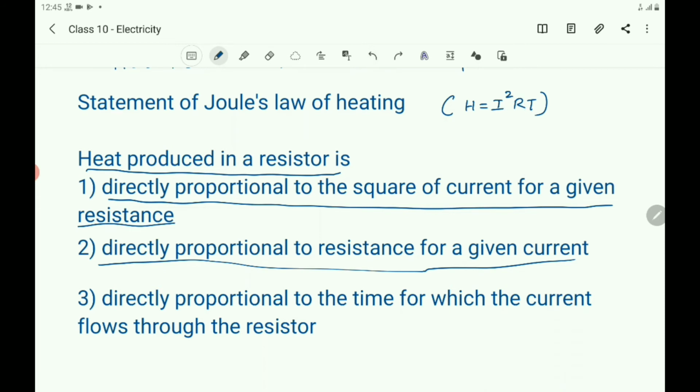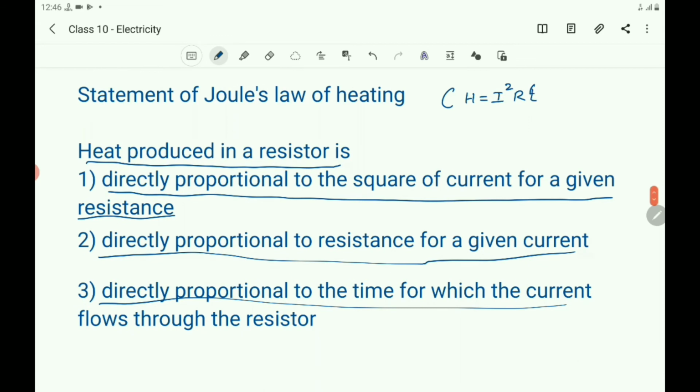And directly proportional to the time for which the current flows through the resistor. That is I square RT. This is the statement of Joule's law of heating.